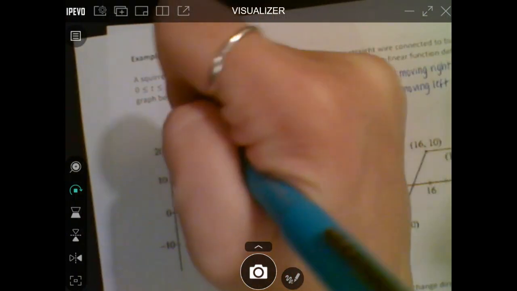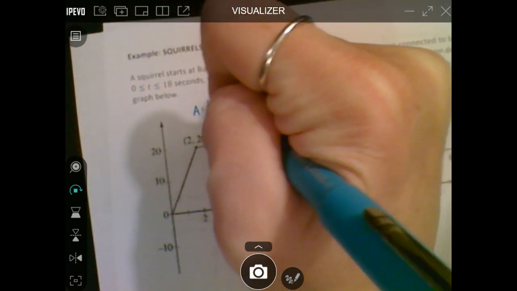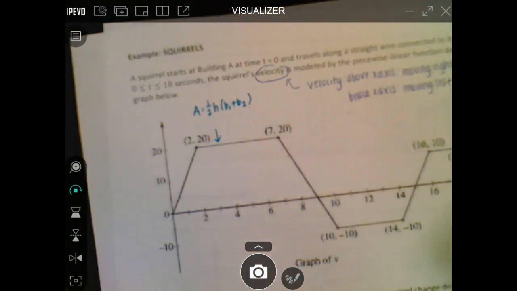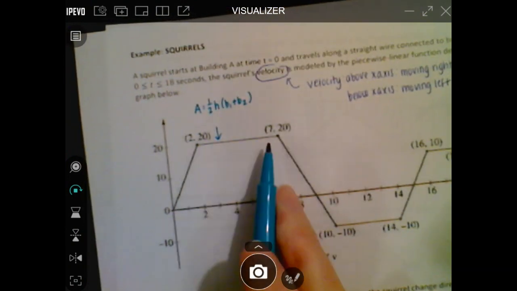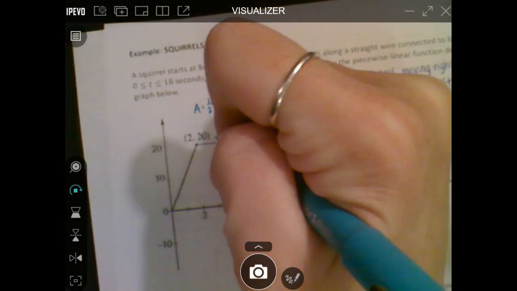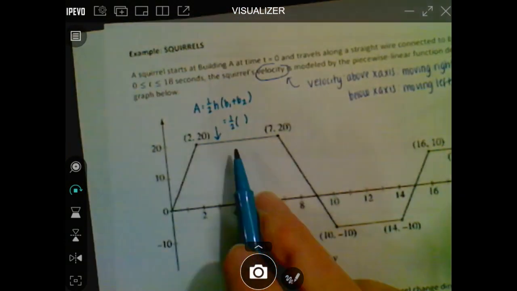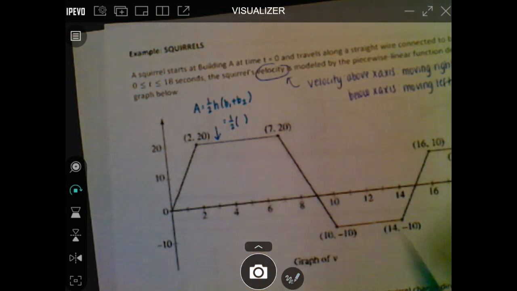If you don't remember, the area of a trapezoid is 1/2 times the height times base 1 plus base 2. And the bases of a trapezoid, remember, are the parallel sides. So calculating the area of this trapezoid, it's going to be 1/2. The height is how tall we are here, which looks like a height of 20.